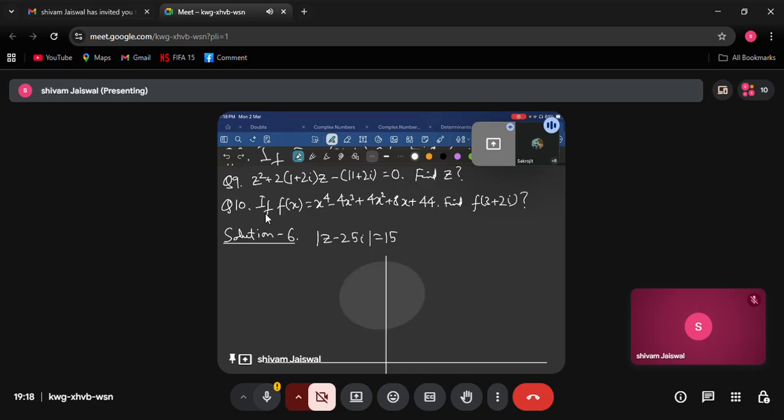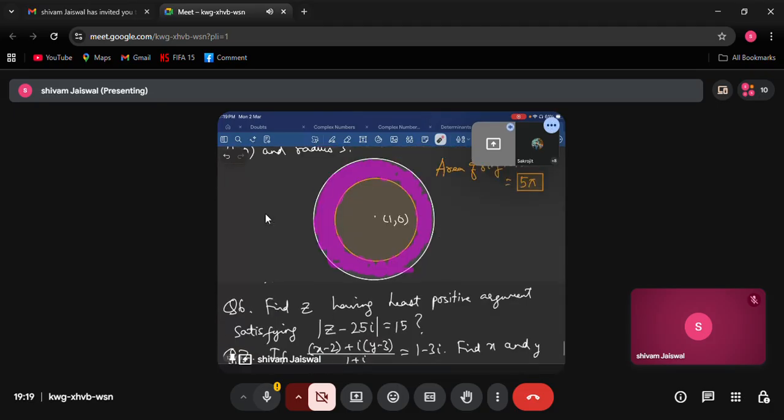Okay, circle with radius 15 and center is 0,25. So everyone, which one is the least positive argument?